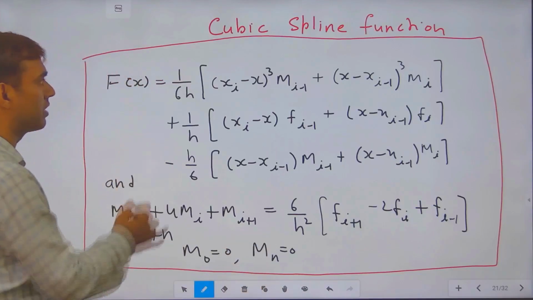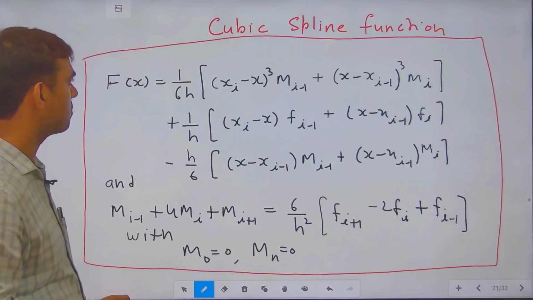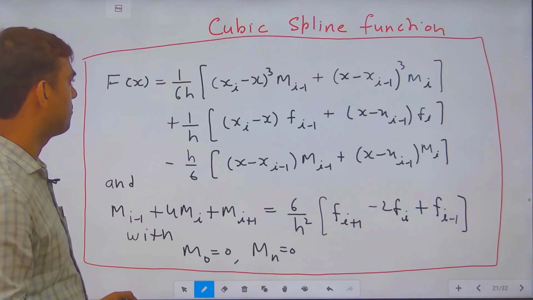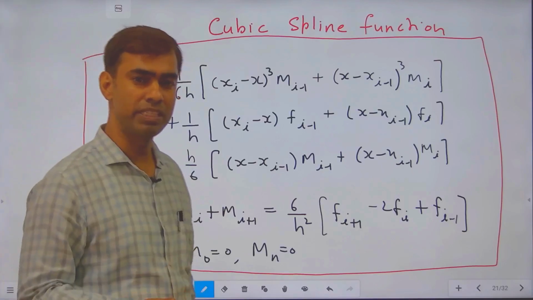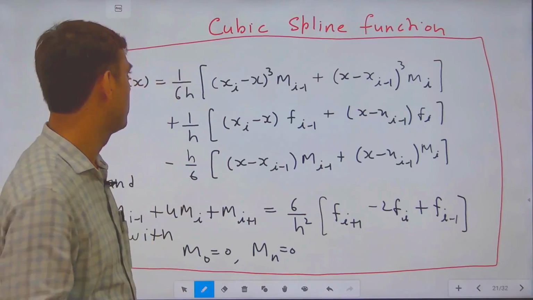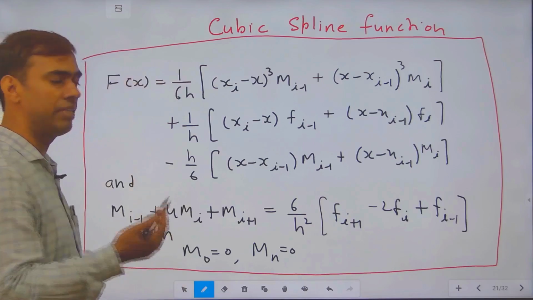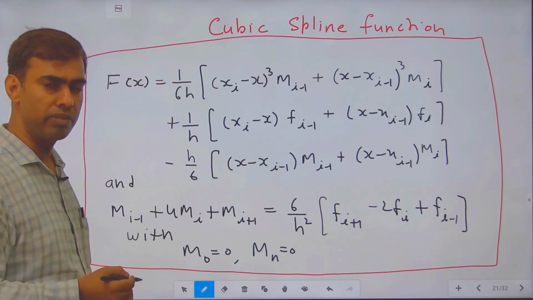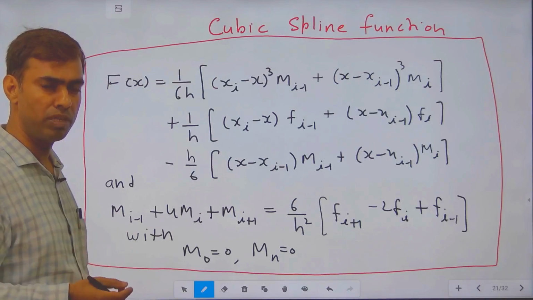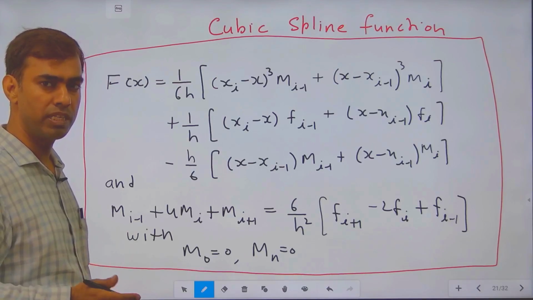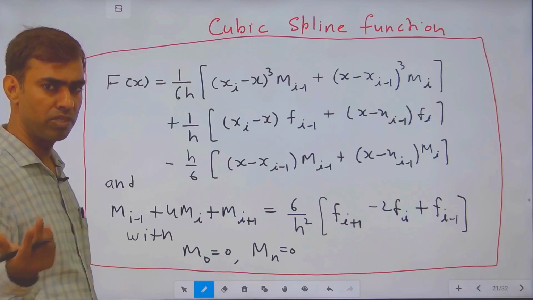So this one is the concept of a cubic spline function. This one is not a direct method, this one is an alternate approach. There is no need to directly find the values of constants a1, b1, c1, d1, a2, b2, c2, d2 if we fit a polynomial a1 x cube plus b1 x square plus c1 x plus d1 for xi minus 1 to xi.